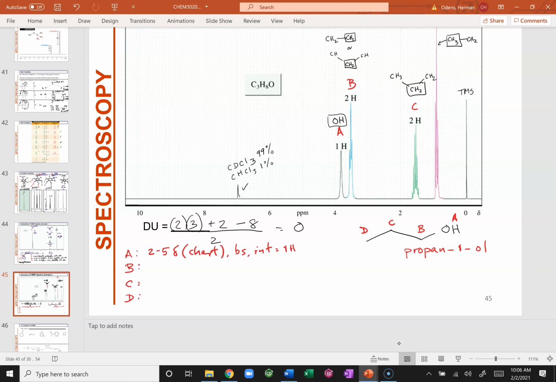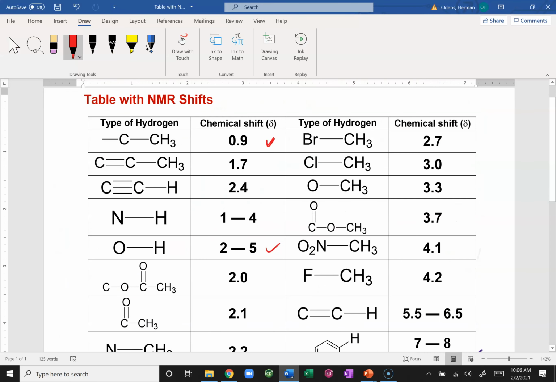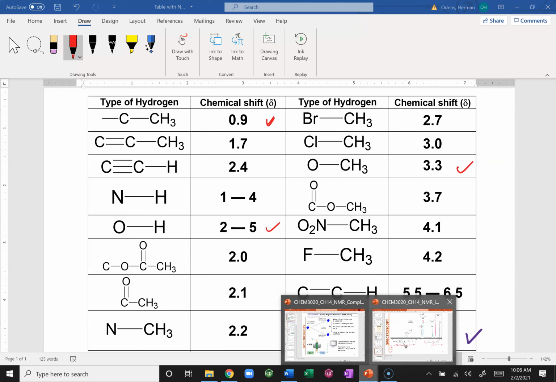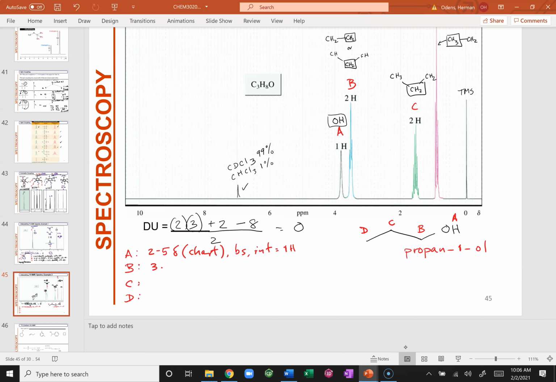B, it's a CH2. All right. But it's attached to what? An oxygen. So what is the signal that it starts with? Right here. Starts at a 3.3. So that's my closest signal there. It's a 3.3 plus what? It's a CH2. Another 0.3.